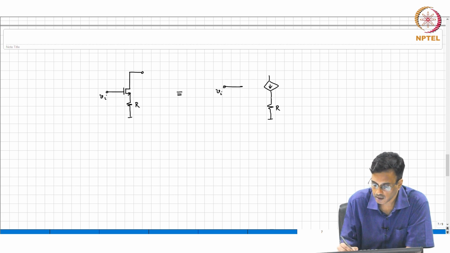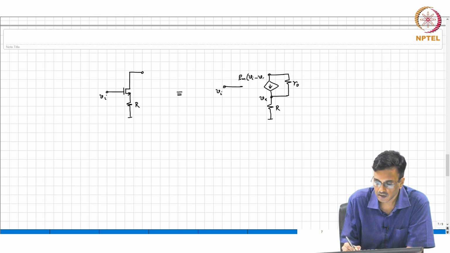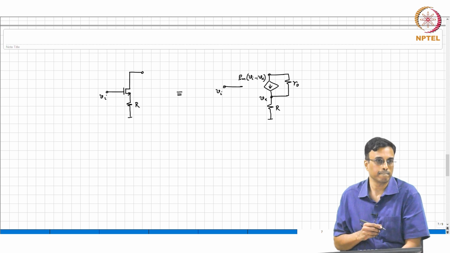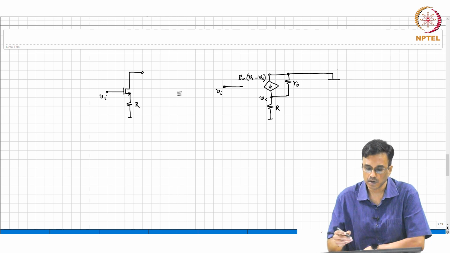This is R. Now we have an extra element here. This is RO. Let's call this Vx, and this is nothing but Gm times Vi minus Vx. All right, and this is the output port.